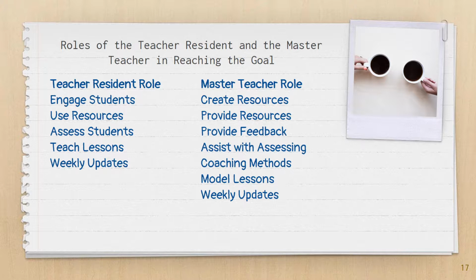For my role, I'm going to help create the resources, provide other resources that I haven't created, provide feedback, assist with assessing the students so that we can see exactly where they are, go through with the coaching methods and strategies, model lessons for her to be able to watch me, and do the weekly updates.